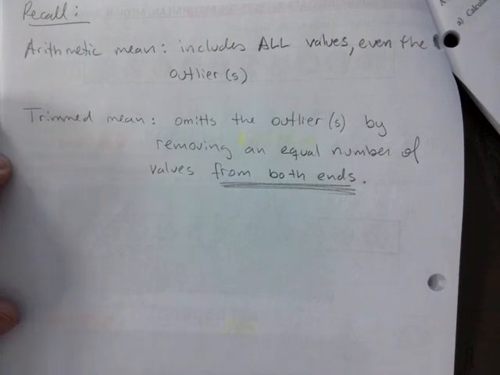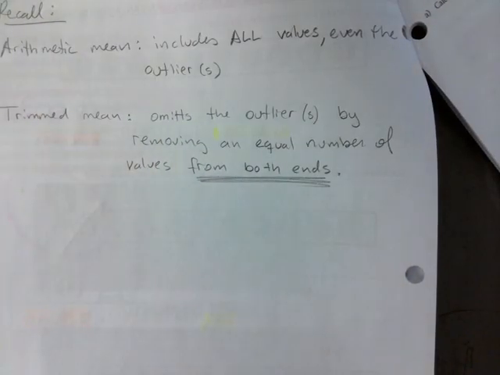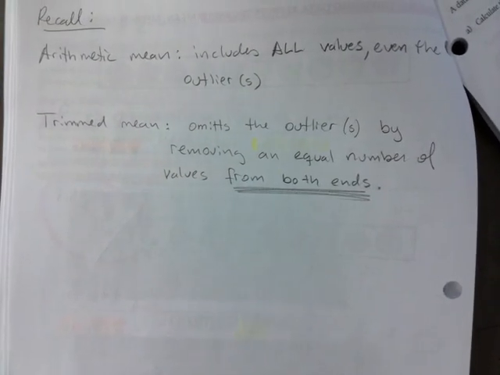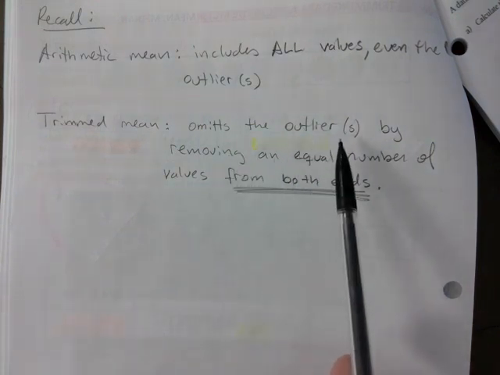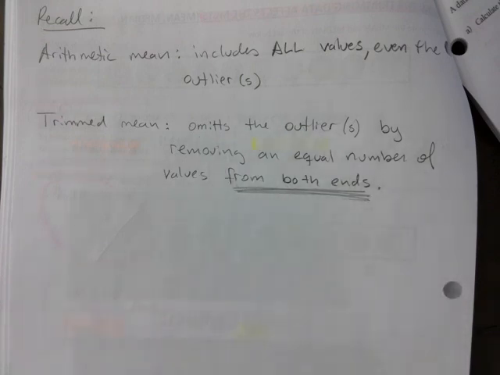Emphasis on both ends. Let me just move this over a little bit. I will move my camera, okay? Just 1 second here. There we go. Because my book is about to fall over at the edge. Okay, so trimmed mean omits the outlier or outliers by removing an equal number of values from both ends. That's the key here. Okay.